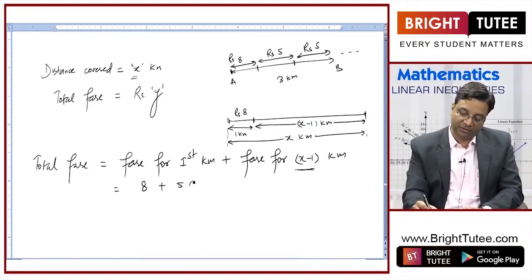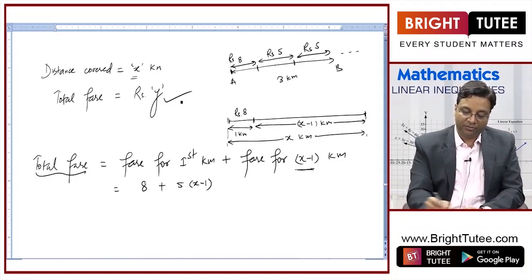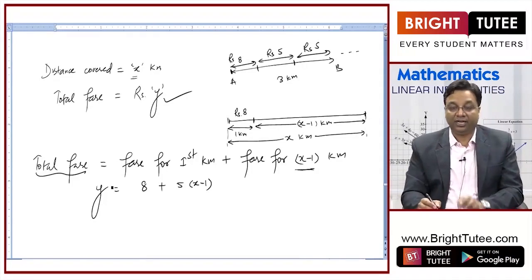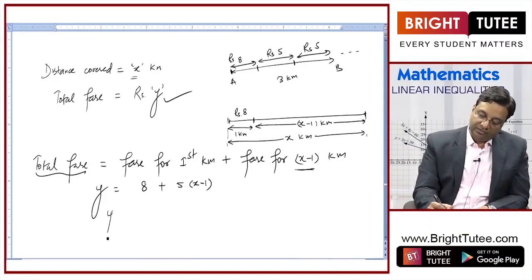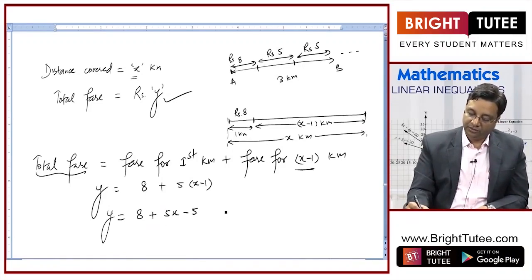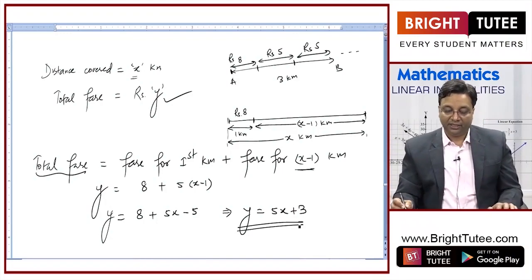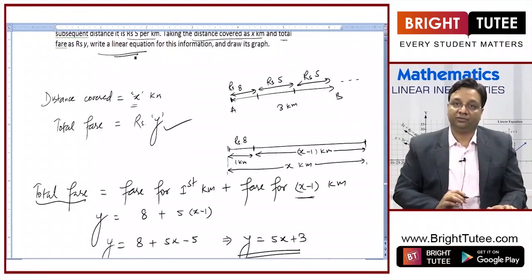And what is the total fare? It is rupees y. So y is equal to 8 plus 5 into x minus 1. Let us simplify this. 8 plus 5x minus 5. So y is equal to 5x plus 3. And this is the corresponding linear equation for the given information.